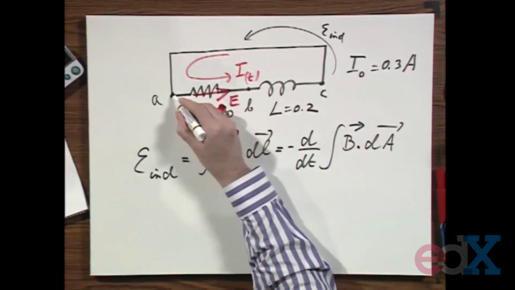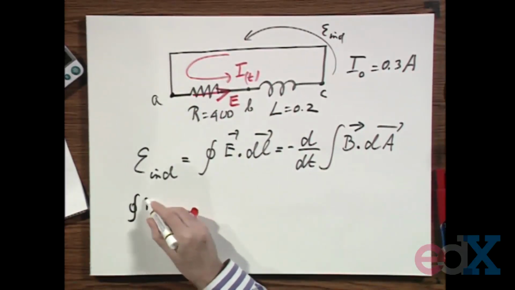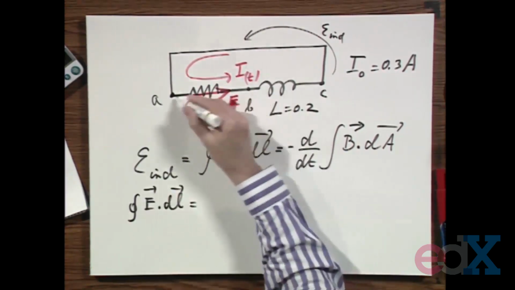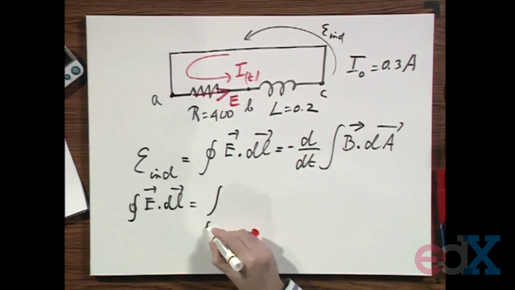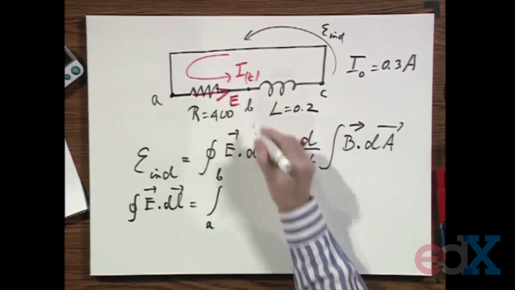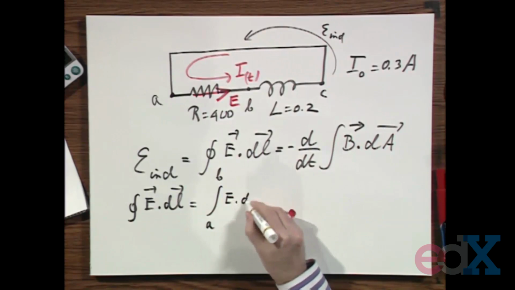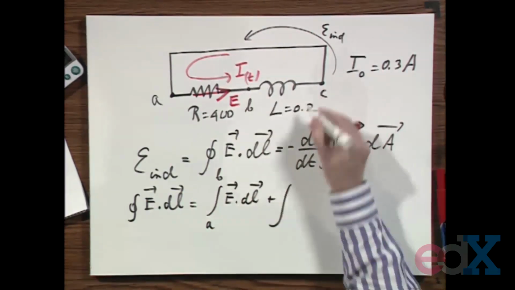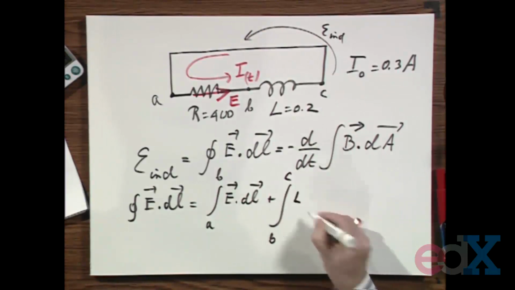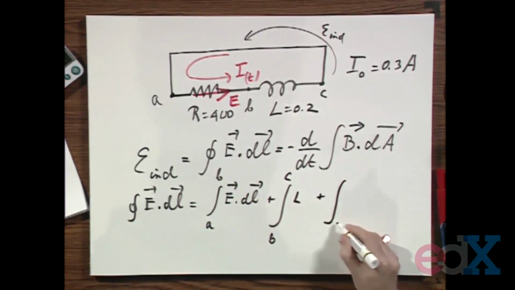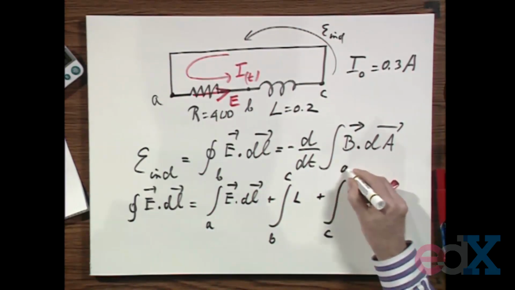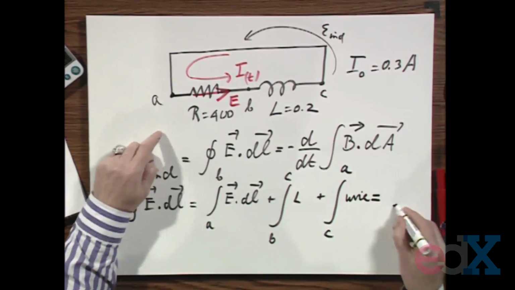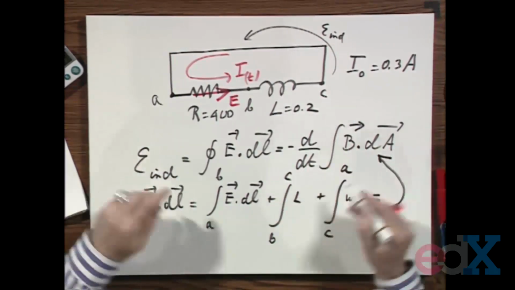So I'm going around this way. I start at point A, closed loop integral of E dot dl, and I'm going to cut it in 3 sections: in going from A to B through the resistor, E dot dl, plus in going from B through C through the self-inductor, I just put an L here, which is my shorthand notation, plus back from C to A through the wire, and that now equals minus d dt B dot dA.